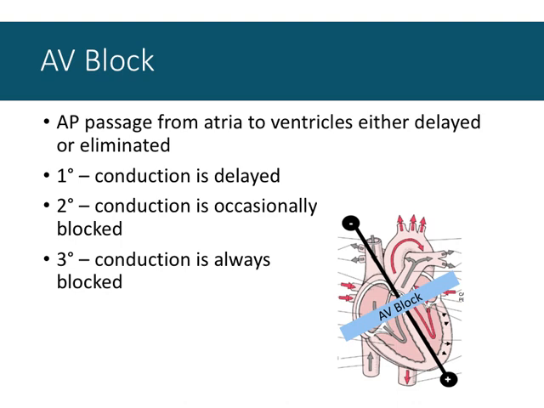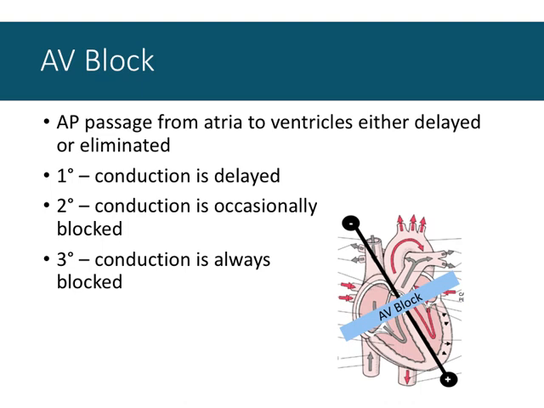So if those are proximal AV blocks, and I use block loosely in that sense, these first, second, and third degree block are intrinsic to the AV node. So the AV node has the property of transmitting and somewhat delaying the signal from the atria to allow organized temporal contraction of the heart.